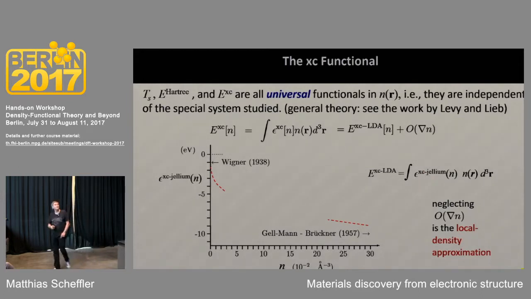The interesting thing is that for constant electron densities, if the system is at least locally constant, you know the exact exchange correlation functional. Wigner has shown this in 1938. So this is E_XC of the electron gas as a function of density. This is the exact result for low densities, and for high densities, Gell-Mann and Brueckner did this in 1957.